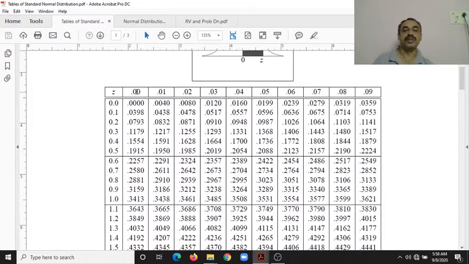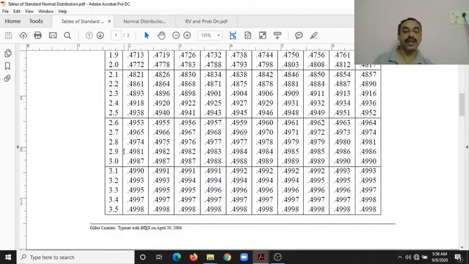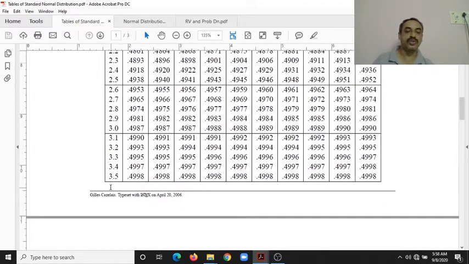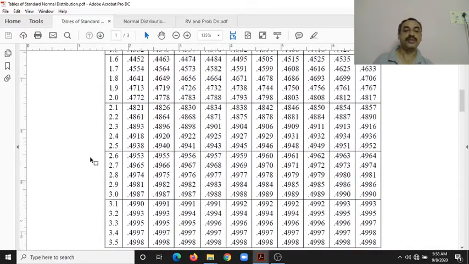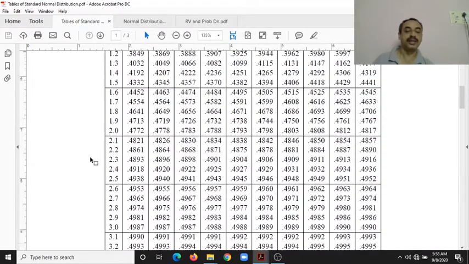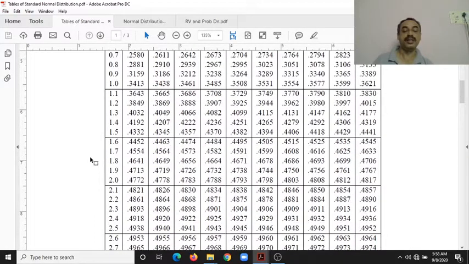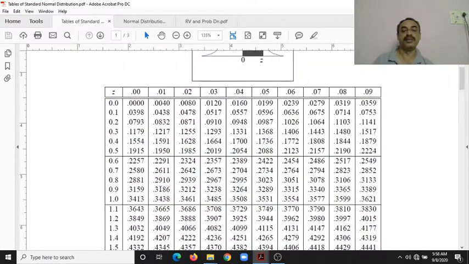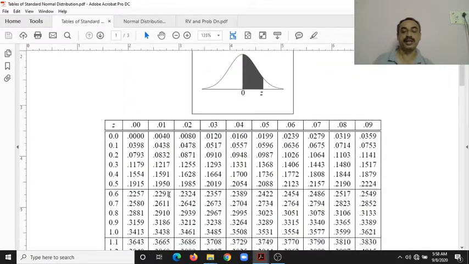In some other tables, it will go up to 3.9, so the greatest value of z available in the table will be 3.99. So for different choices of z between 0.00 and 3.59, the probability of z between 0 and small z can be referred from these tables of area under standard normal curve.